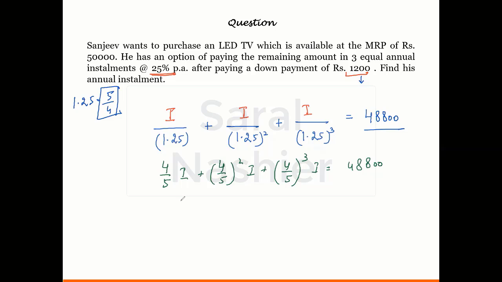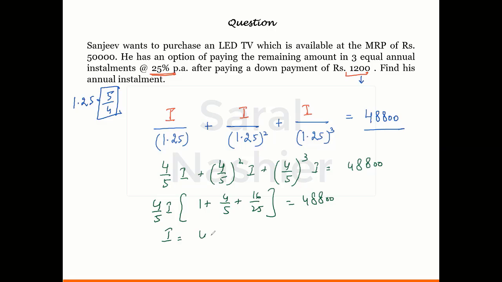By taking 4 by 5 common and I common, 4 by 5 into I, this gives me 1 plus 4 by 5 plus 16 by 25 is 48800, right?